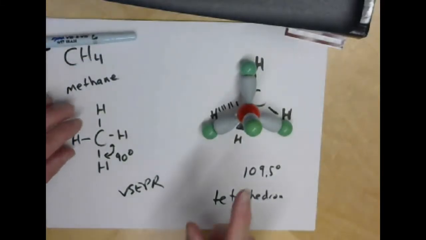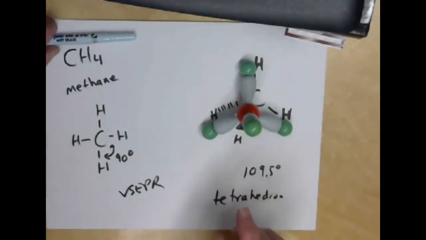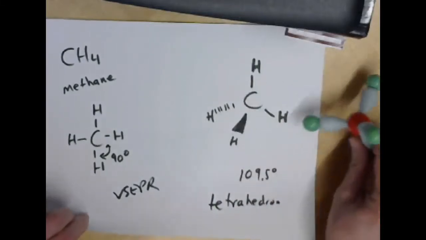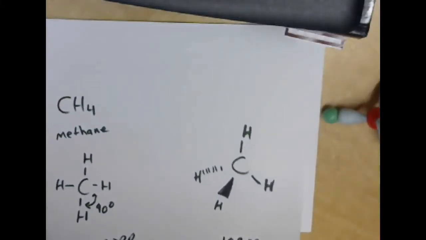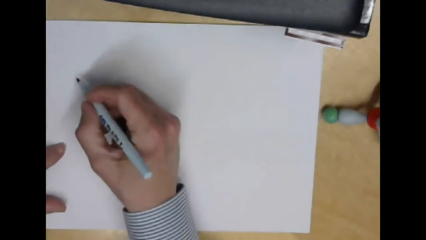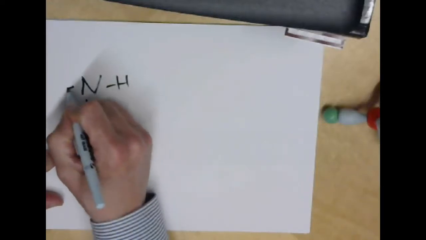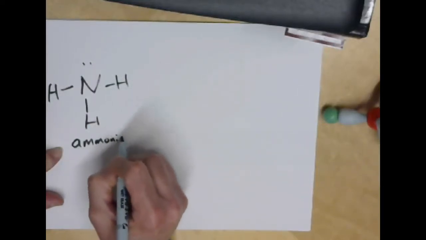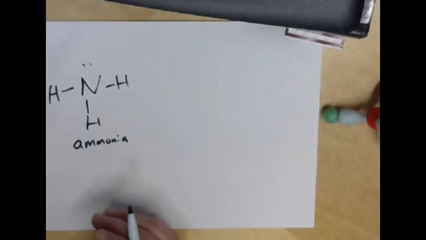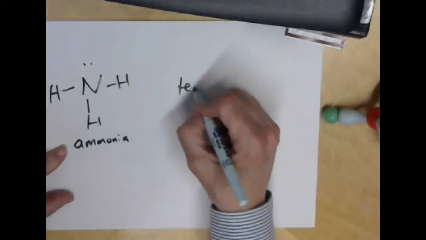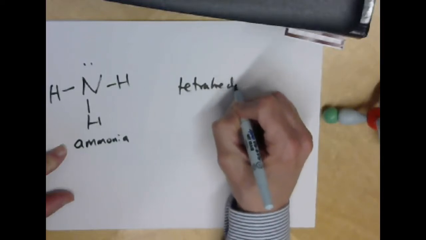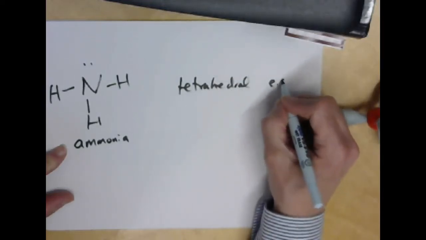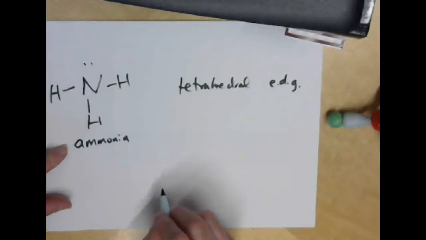So that's electron domain of 4, and that gives us our tetrahedron. Now there's another electron domain of 4 that I want to look at. And this is ammonia. If it's got electron domains of 4, that means it's got a tetrahedral electron domain geometry.